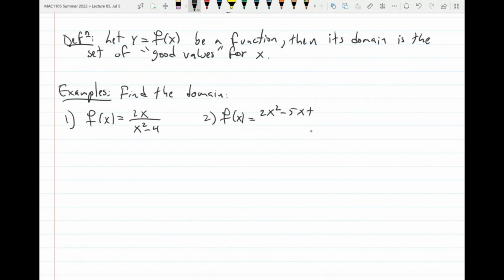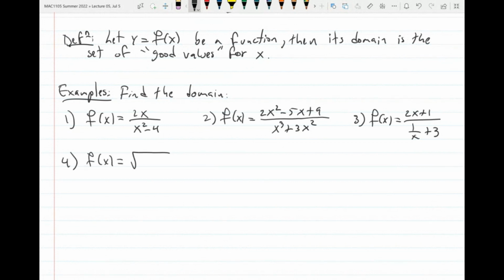Then 2x squared minus 5x plus 9 over x cubed plus 3x squared. Then x plus 1 over x plus 3. Okay, I'm just going to write all of them here, and then I do some, and then you do some, and so on.